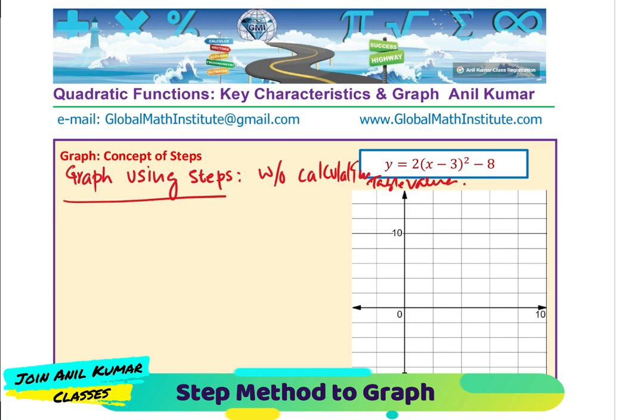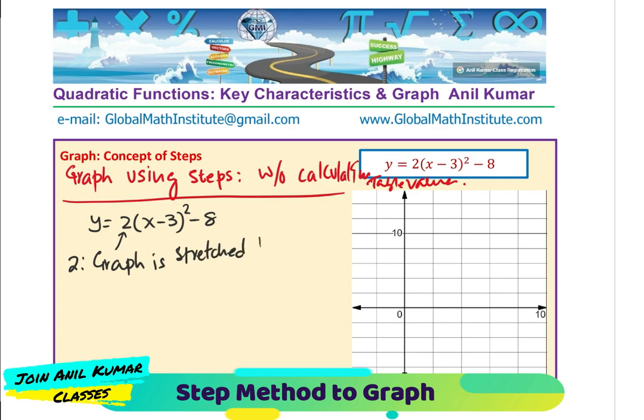So it begins with the basic concept. We have to sketch the graph for y equals 2 times (x minus 3) whole squared, minus 8, right? So what is 2? 2 is indicating that the graph is stretched by a factor of 2, correct?